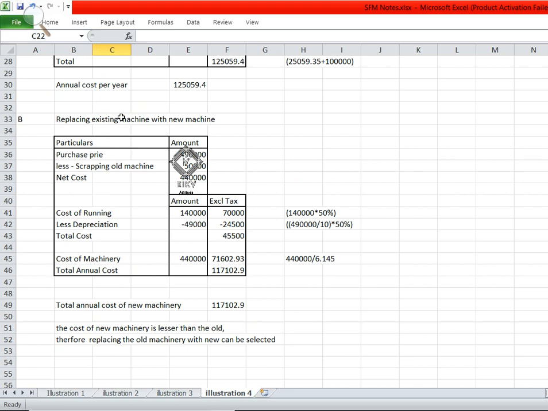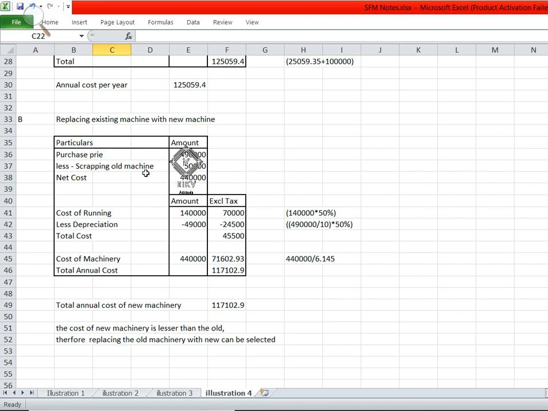Okay, now we will look into how the cost will occur while replacing the existing machinery with a new machinery. So here we have a table with particulars and amount. Purchase price is 4,90,000, which is given in the question, less scrapping of old machinery, which comes to 50,000, also given in the question.